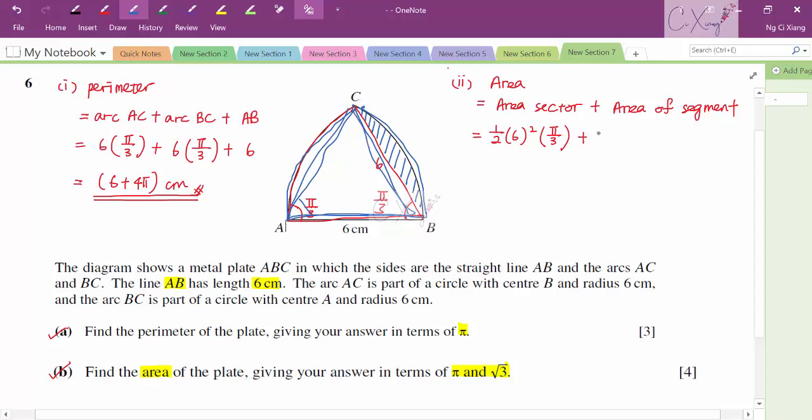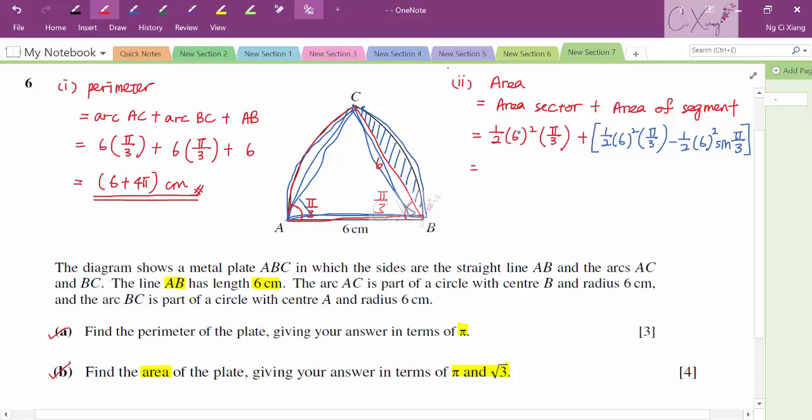Alright, so again, our step will be area of sector, which is also half r squared theta, minus the area of triangle, which is half r squared, AB means also 6 multiplied with 6, and then sine theta, pi over 3. Okay, so this is generally the steps that we should proceed with.